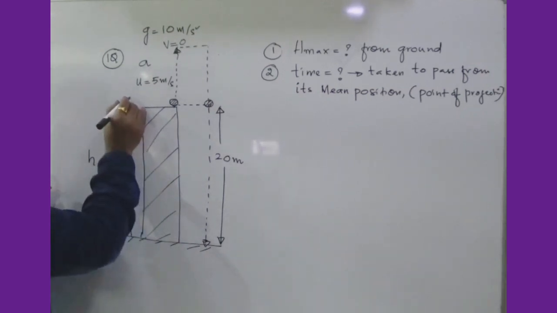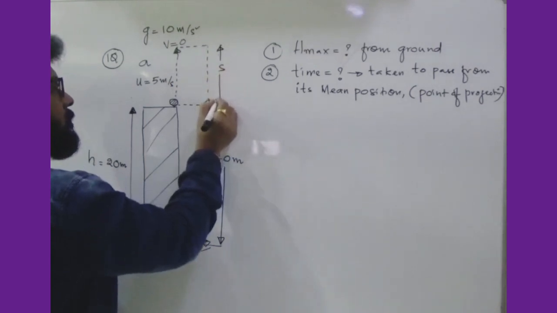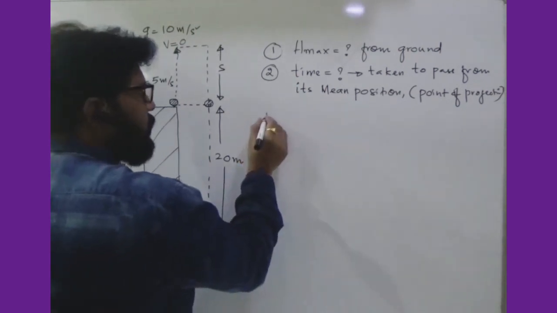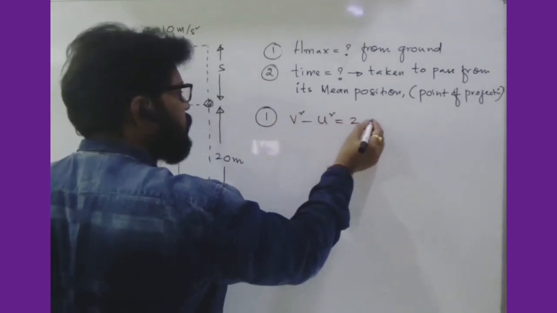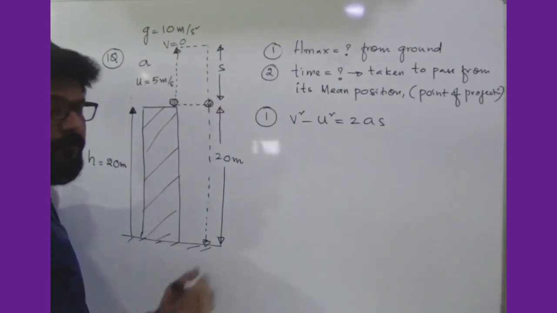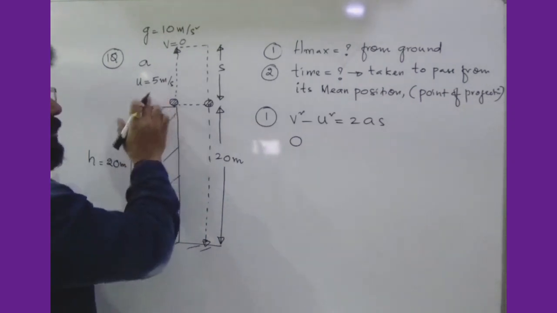This distance I require, that is V square minus U square is equal to 2as. So V, the final velocity, is 0, minus the initial velocity.